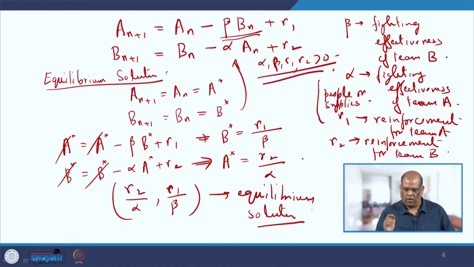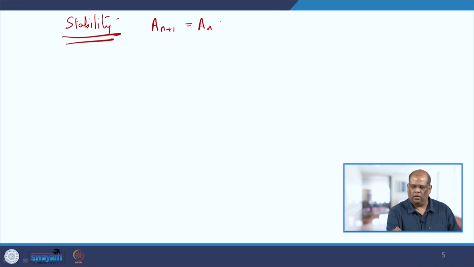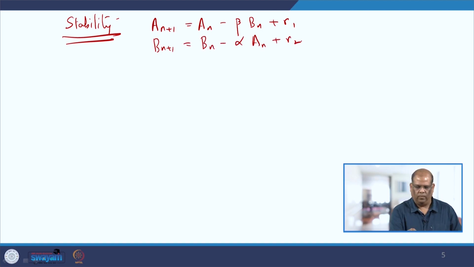Once you have the equilibrium solution, let us look into the stability about this equilibrium point. You have the model A(n+1) equal to A(n) minus beta times B(n) plus R1, B(n+1) equal to B(n) minus alpha times A(n) plus R2.